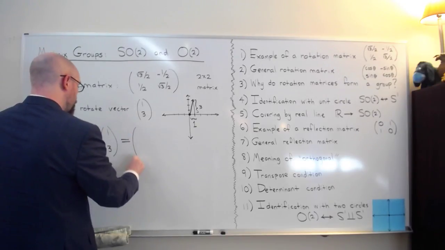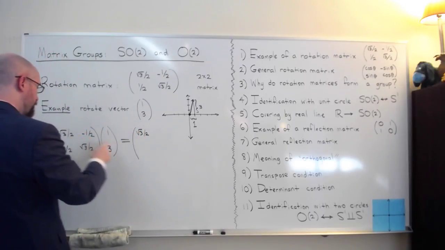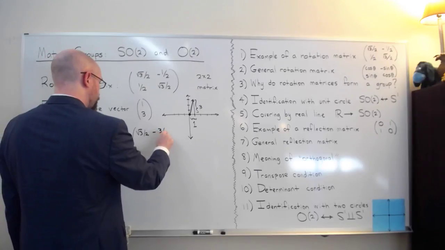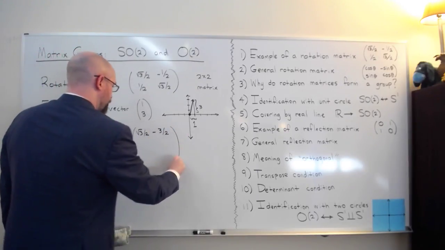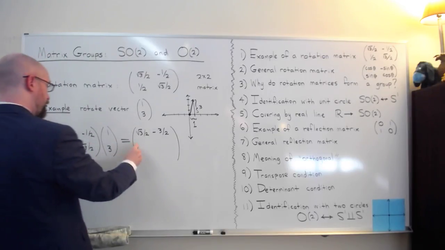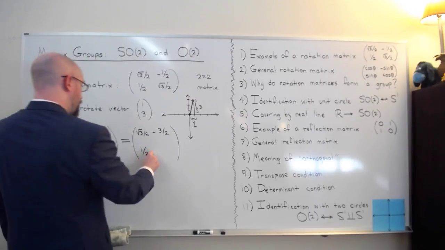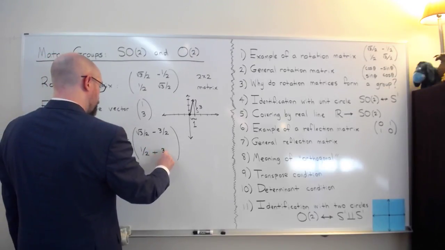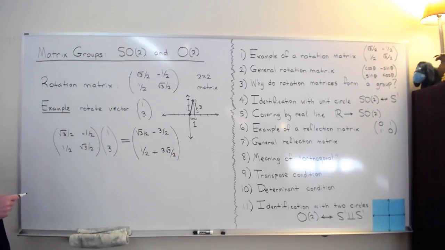So this is kind of messy because we have a square root of 3 over 2 and then we have a minus 3 over 2. And then down here we have a 1/2. And then this is going to give me plus 3 square roots of 3 over 2, provided I did that correctly.